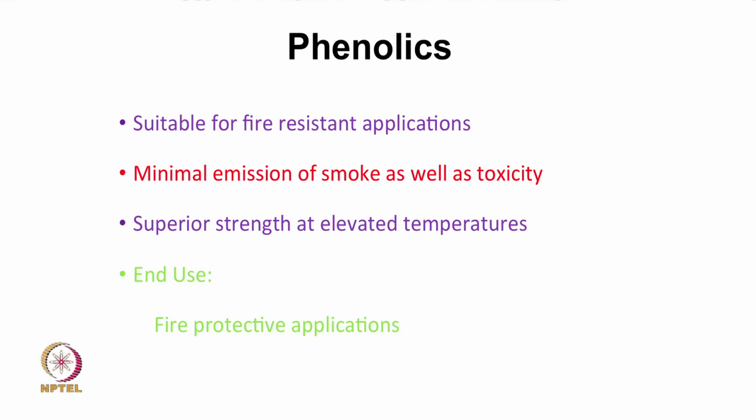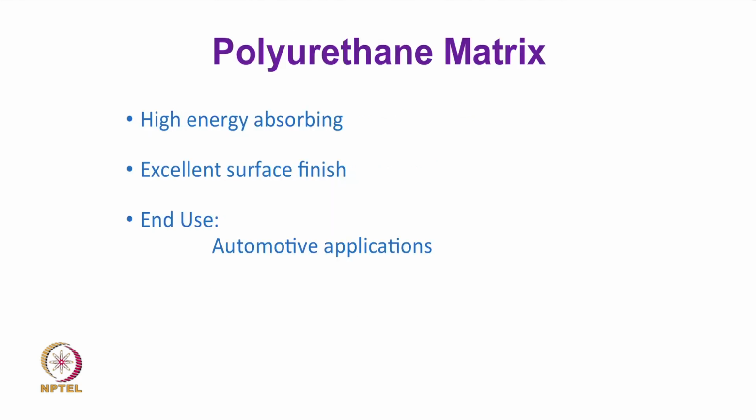It has low smoke and toxic emission and high strength at high temperature, so higher temperature applications we can use it. Applications are mass transit, ducting, fire resistant and high temperature applications.